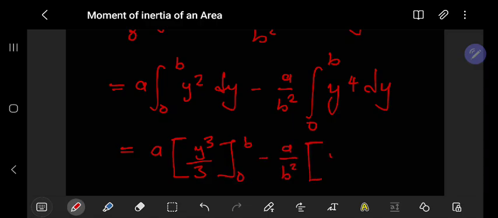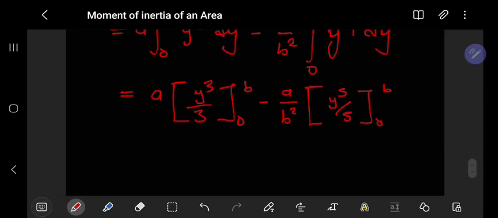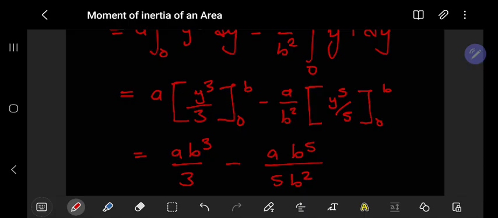And then we have y to the power 5 over 5 from 0 to b as well. So plug in those limits. We get a b to the power 3 over 3 minus the other side, we get a b to the power 5 over 5b squared.